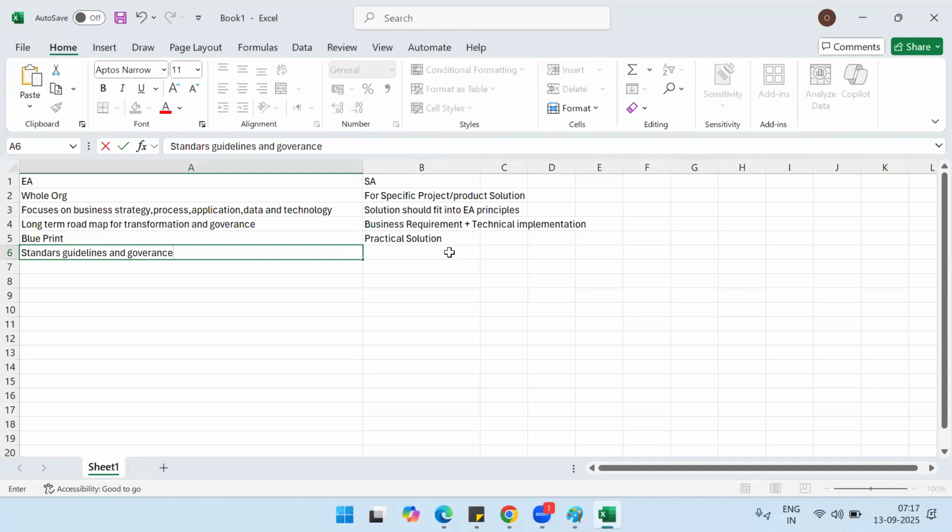Now tell me, who will decide what is the right technology, what is the integration, what is the pattern? Is it enterprise or solution architect? Solution architect. Technology will be decided by the solution architect. Solutions only. Right.